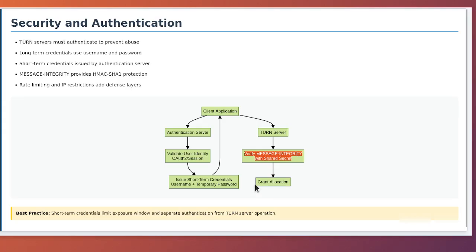Third, you can revoke access by having the authentication server stop issuing credentials to specific users without needing to reconfigure the TURN server. This separation of concerns makes the system more secure and easier to manage at scale. Additionally, many deployments implement IP-based access control, allowing TURN servers to restrict which IP ranges can even attempt to create allocations, adding another layer of defense against abuse.